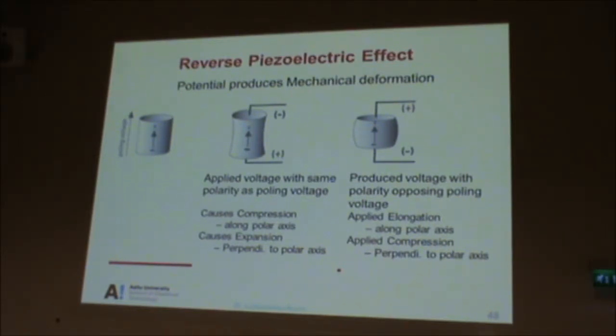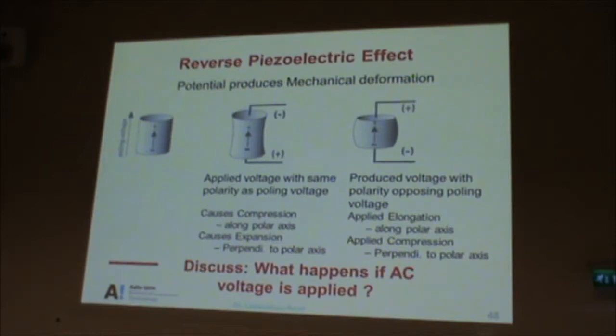Depending on that, you can achieve vibration. I want you all to guess something. Here I'm talking about applying negative and positive, and positive and negative. What if you apply an AC voltage? What do you think will happen?